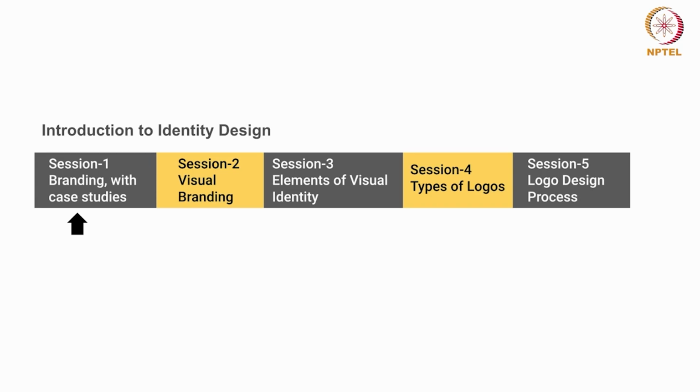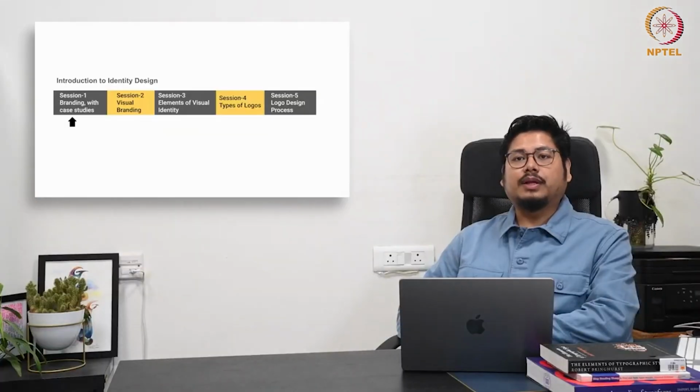And how the elements associated to visual branding create a perception about that particular brand, utilizing the elements of visuals. Along with that, we'll also look into different case studies associated to visual branding in terms of product packaging, logo design, print publication, marketing, say for example, video animation. So we'll discuss that in the second session.